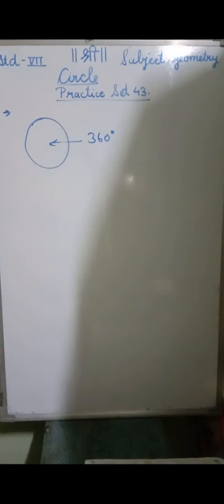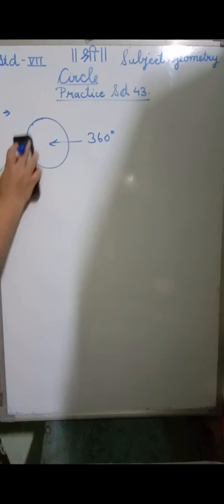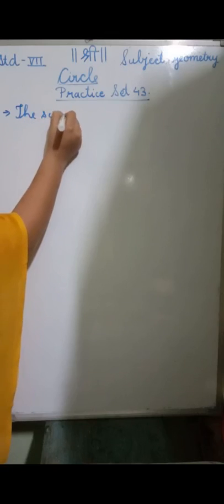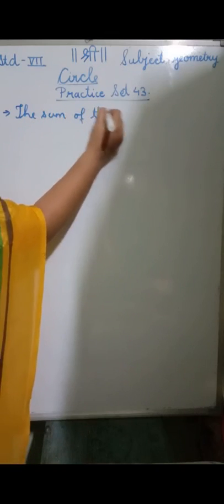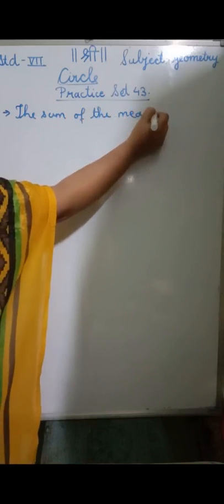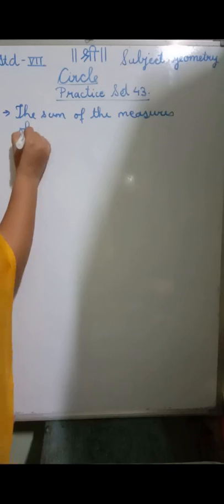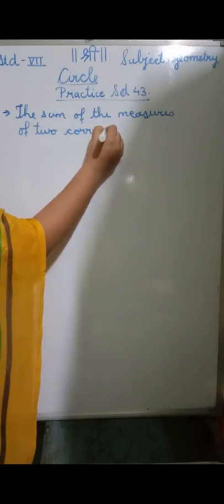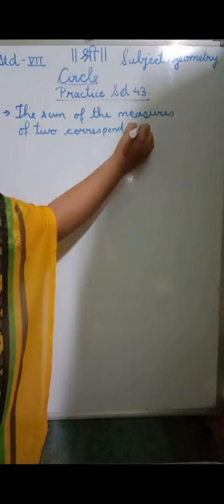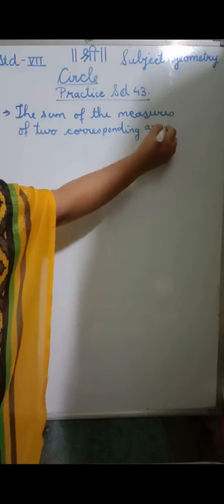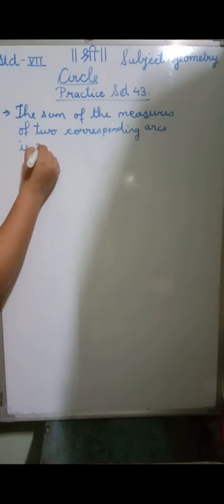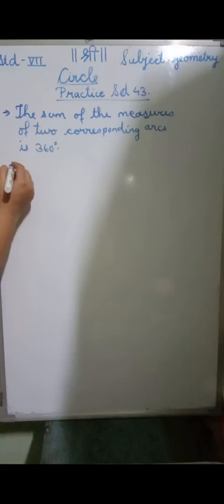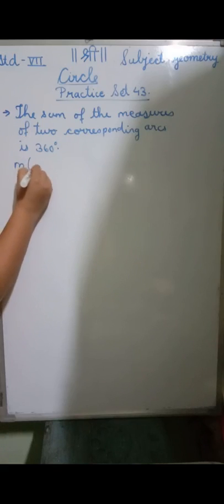So we can write here: the sum of the measures of two corresponding arcs is 360 degrees.